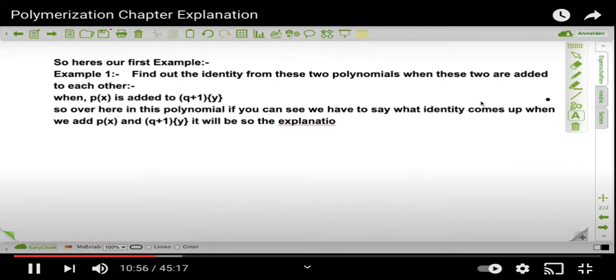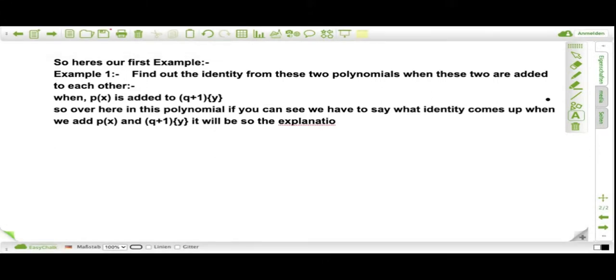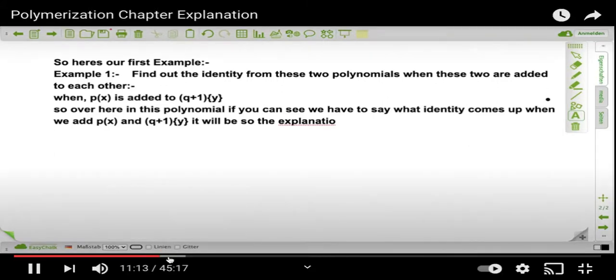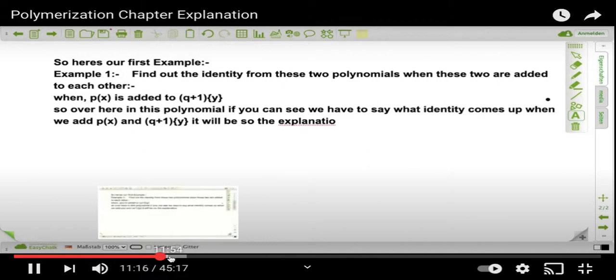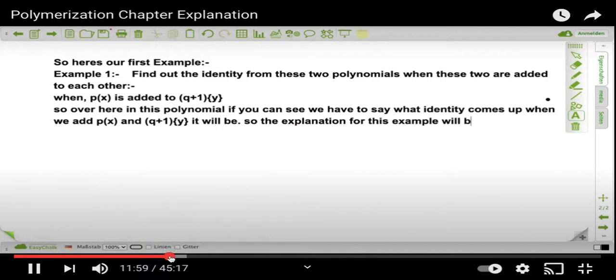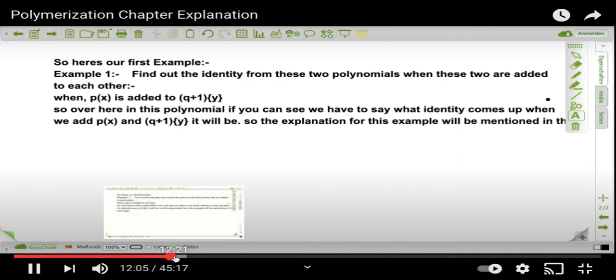As I've explained this, I shall go to the next page. If you still don't understand the problem, then try looking at the explanation. Your explanation will be on the next page. So have a look at the next page.